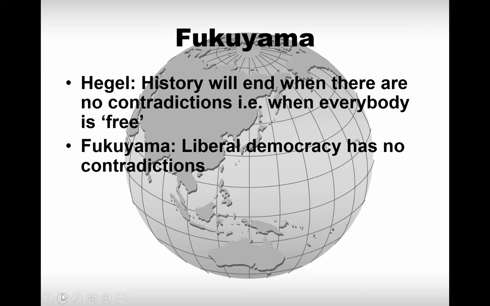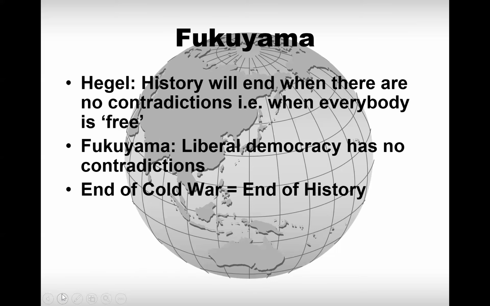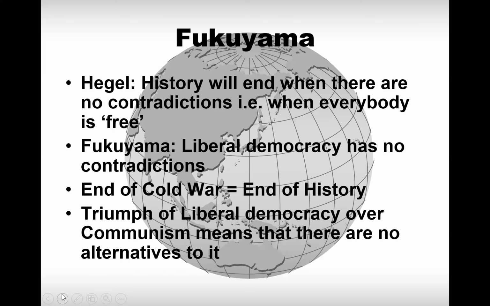So Fukuyama argued after the collapse of communism, or during the collapse of communism, that liberal democracy had no contradictions. It was based on equal freedom. Everybody was equally free. The end of the Cold War, therefore, for Fukuyama, signaled the end of history, meaning the triumph of liberal democracy over communism.